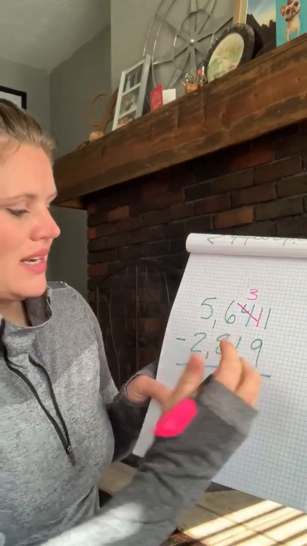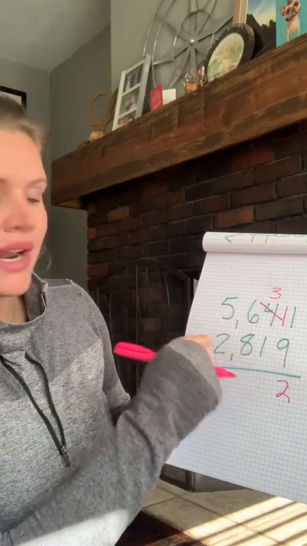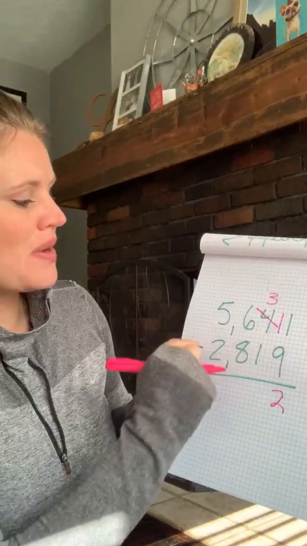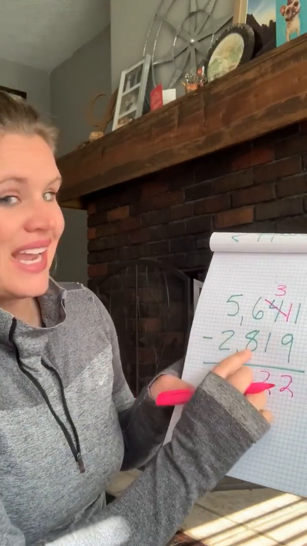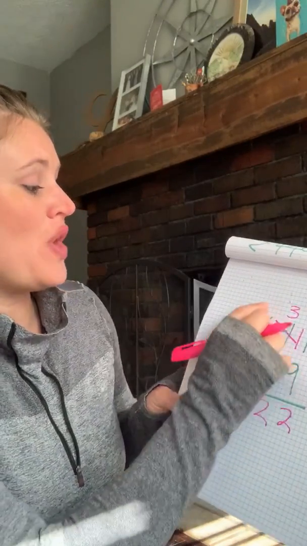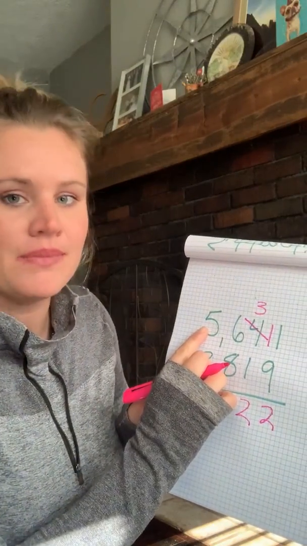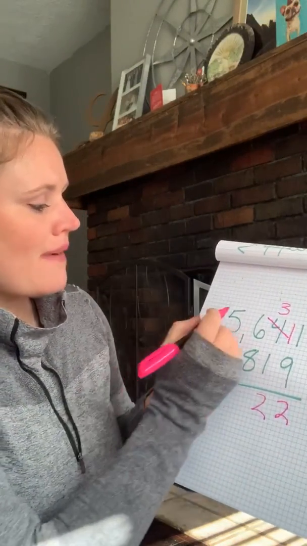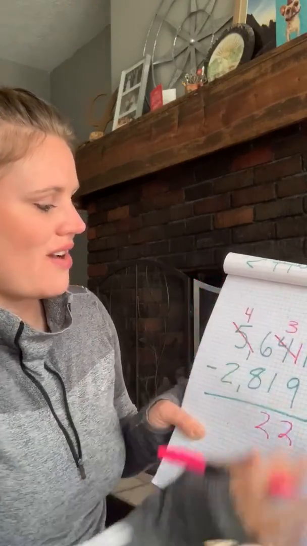So now we can subtract. 11 minus 9 is 2. Can we go 3 minus 1? Yep. 3 minus 1 is 2. 6 minus 8, can we go 6 minus 8? Nope. So we have to go next door to the thousands place and go, hey thousands, can we borrow some? He said, sure. So now my 5 thousands is going to become 4 thousands.